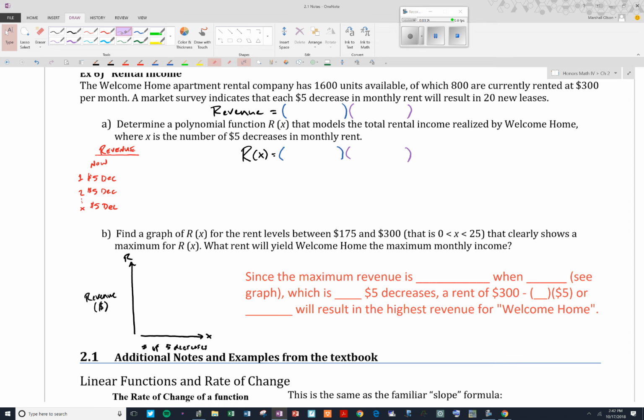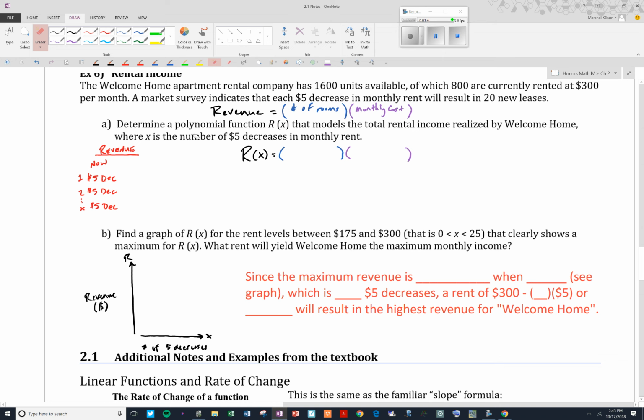So a good thing to remember here, or to kind of piece together, is that the revenue is going to be the calculation of the number of rooms that we are renting out times the monthly cost per room. I'm just going to put that there. And then I started making this table over here just to show you how we're going to set this up.